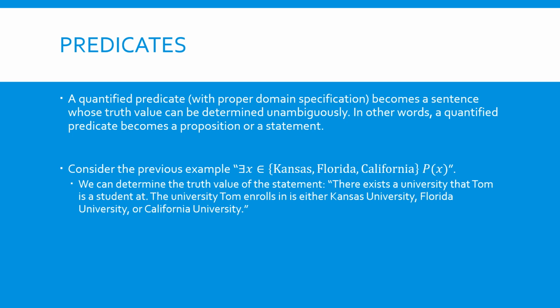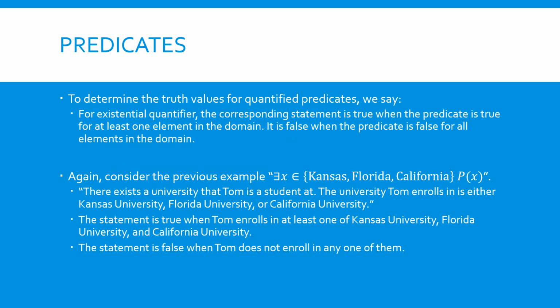It therefore satisfies the definition of a proposition. Specifically, we have the following rules to determine the truth value of a statement resulting from the quantified predicate. First, for an existential statement, it is true if at least one element in the domain makes the predicate true. It is false when none of the elements in the domain can make the predicate true.